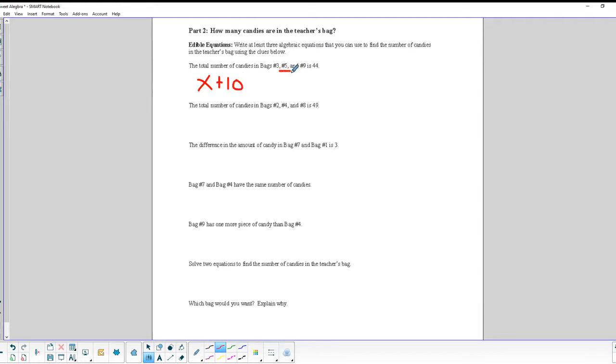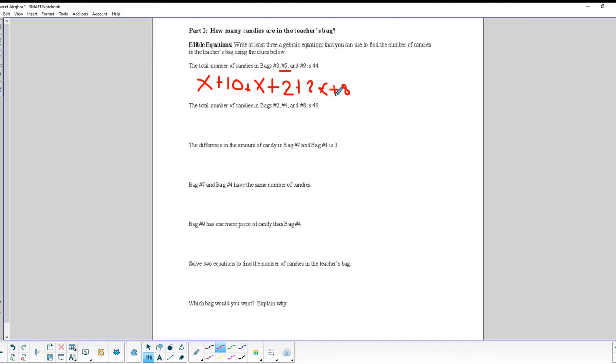In bag 5, we have x plus 2. And in bag number 9, we actually have 2x plus 8.